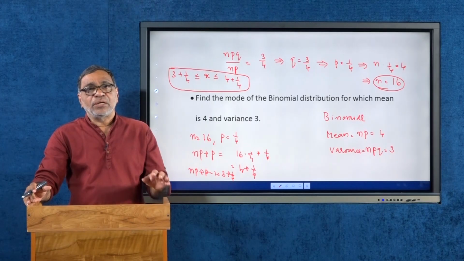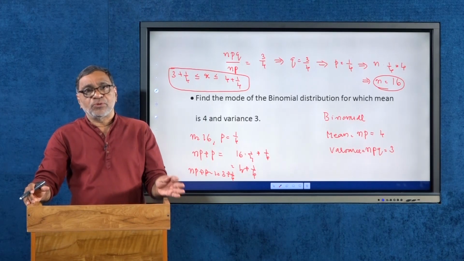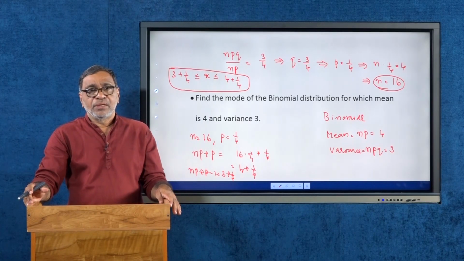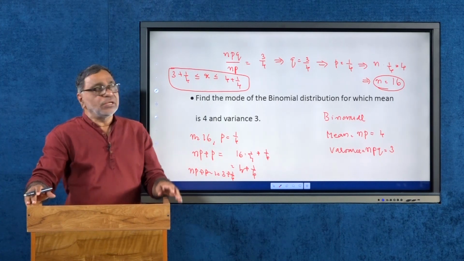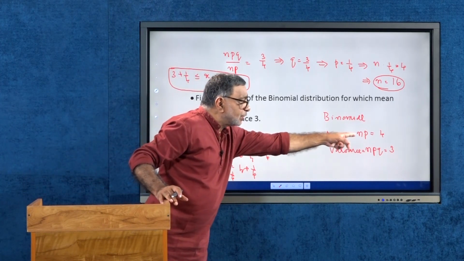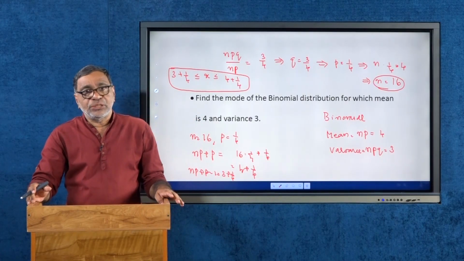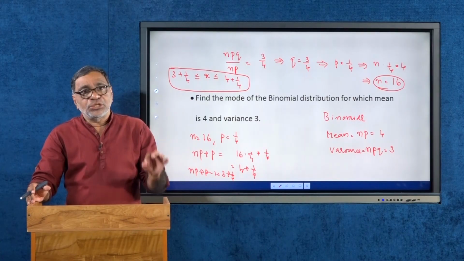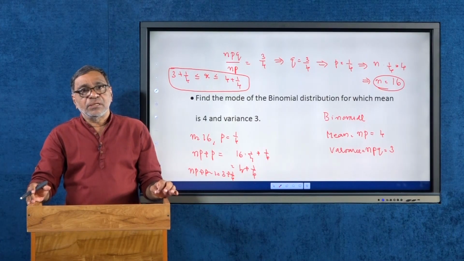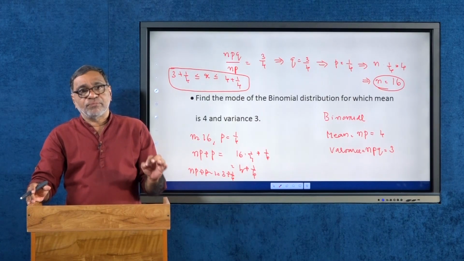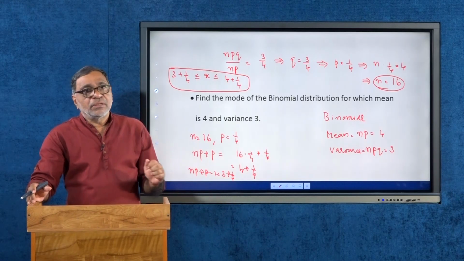Solving, you have the value of q is equal to 3 by 4 or p is equal to 1 by 4. And substituting that p value in the first equation np is equal to 4, that gives n is equal to 16. So, for the binomial distribution, the parameters are 16 and 1 by 4.